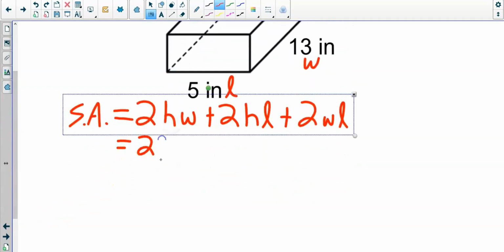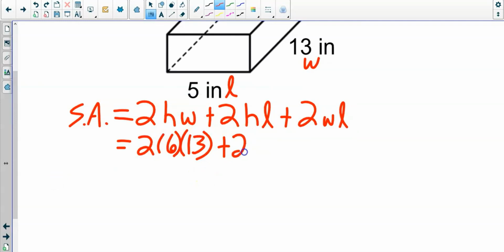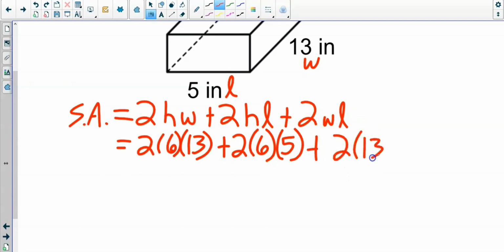So 2 times the height, which is 6, times the width, which is 13, plus 2 times the height, which is 6, times the length, which is 5, plus 2 times the width, which is 13, times the length, which is 5. So all I got to do is do some multiplying and add all those numbers up. Or just go to your calculator and put it in the way you see it.